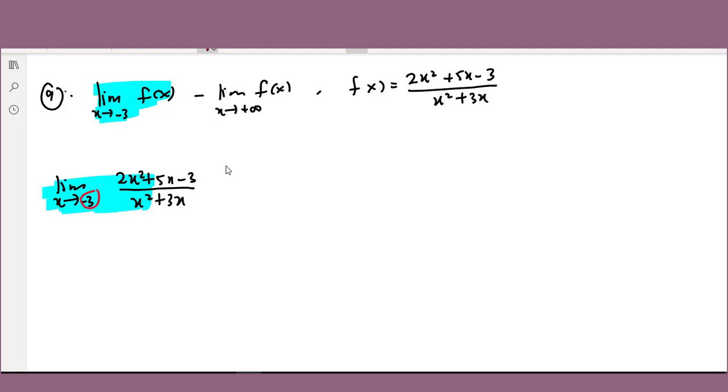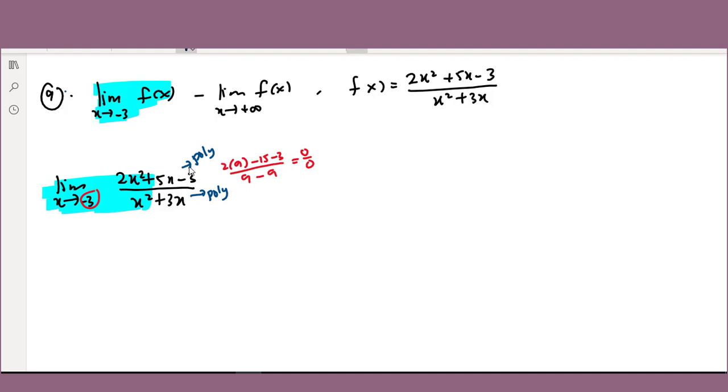So 2 times 9 minus 15 minus 3 over 9 minus 9. So 18 minus 18, 0 over 0. This is considered indeterminate form.